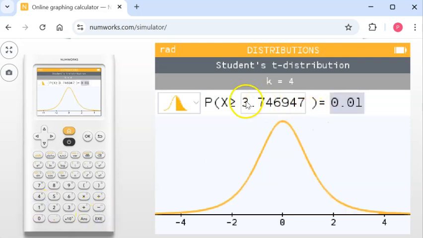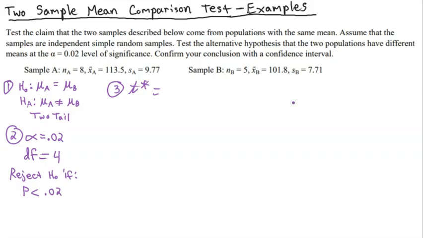And that's going to give us 3.746947. And so technically, it's actually going to be plus or minus 3.746947. But just so you remember, we're actually only going to use the positive version of this when we do the rejection rule.